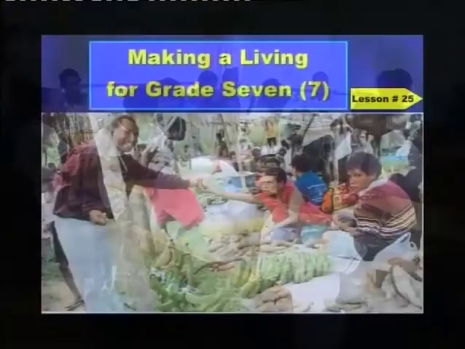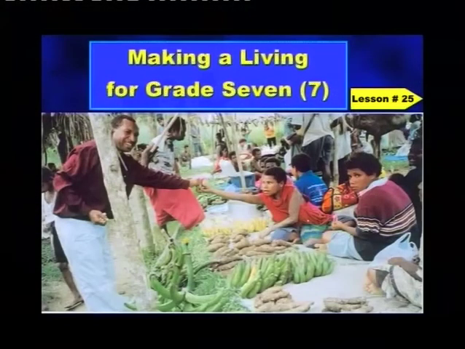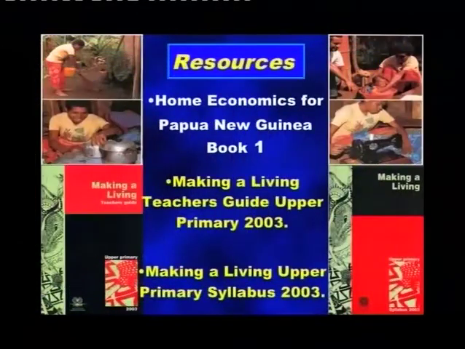Now we are with our lesson, Making a Living, grade 7. Resources: we are still using Home Economics PNG Book 1, Making a Living, Teacher's Guide, and Syllabus for grade 7s.